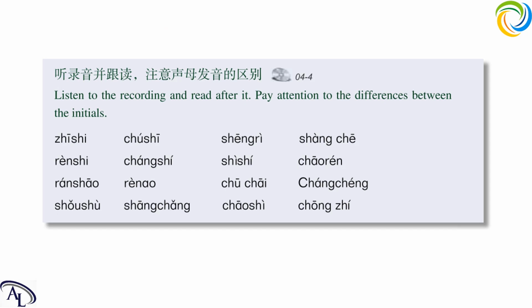First one, 知识, 知识. We don't need to know all the meanings of these words. We are just using the pronunciation of them to practice, okay? 知识. Next one, 厨师. Next one, 生日. Next, 上车. Next, 认识.